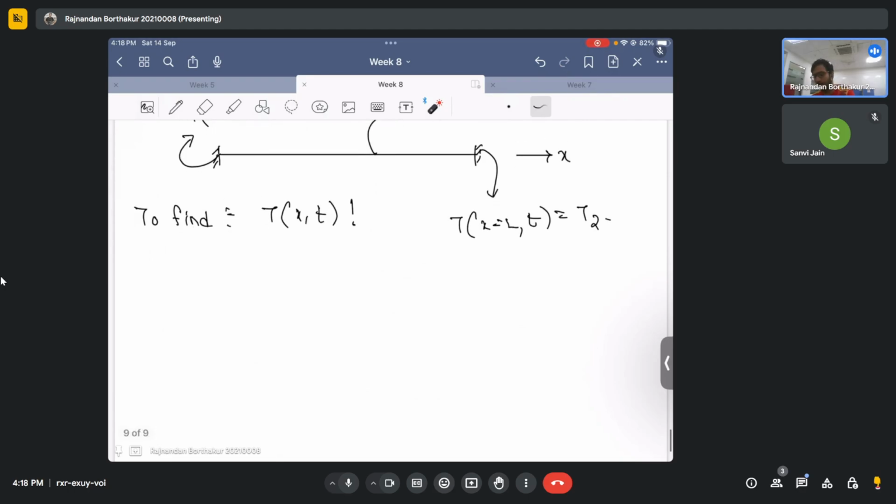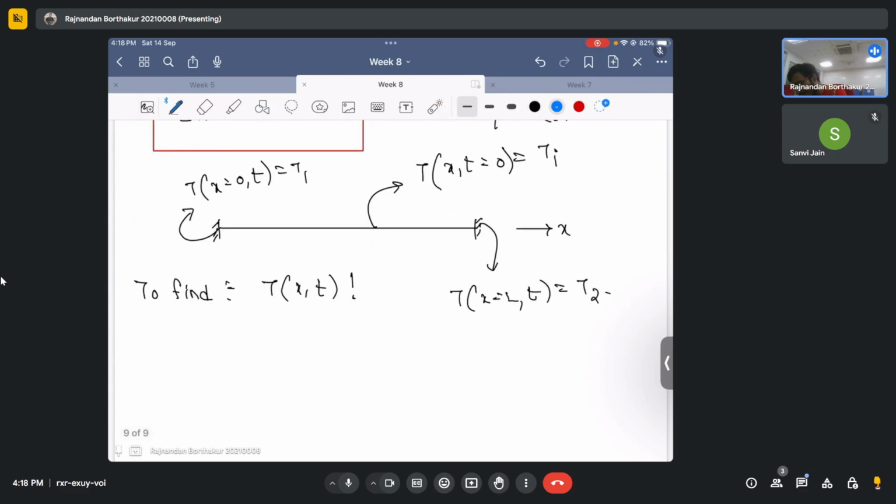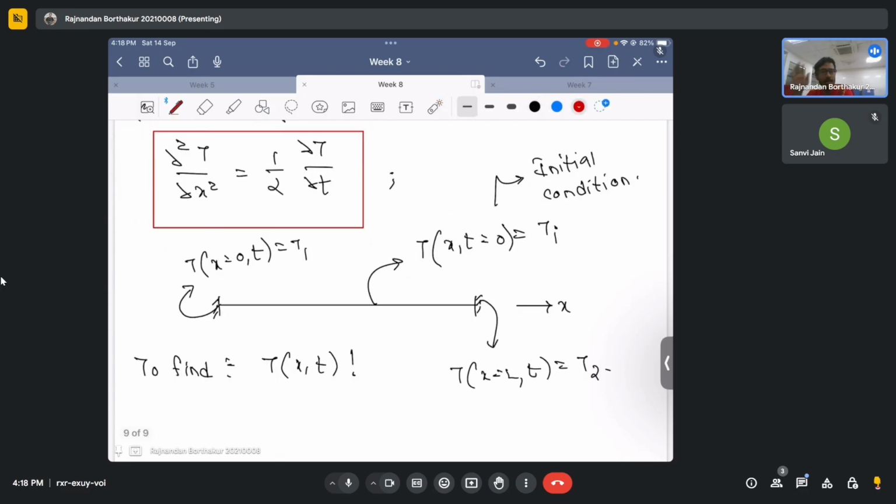So what should we do now? The idea is very simple. Just like the 2D problem where we divide the entire 2D space into grids, this is now a 1D problem, which is relatively simpler. We will divide this length into grid points and find the temperature at each grid point.